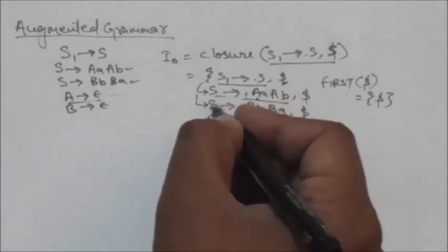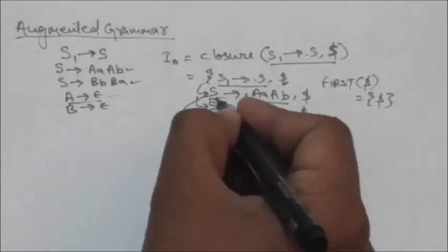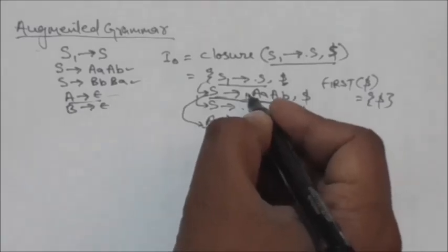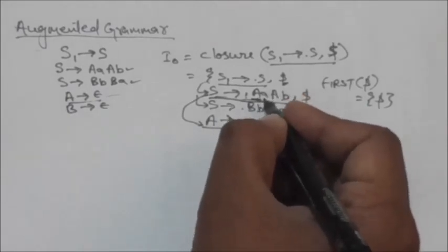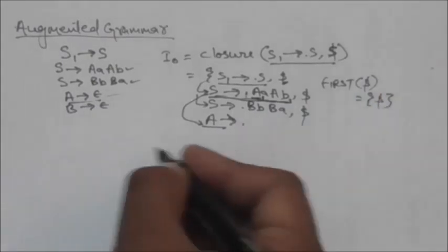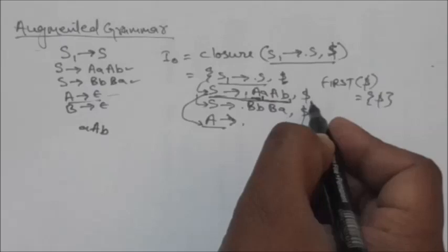Now see here, I have added this item because of this item. In this item you can see this dot is followed by this non-terminal A. Now the string of symbols following this non-terminal A is AAB, and this dollar is the look ahead symbol.